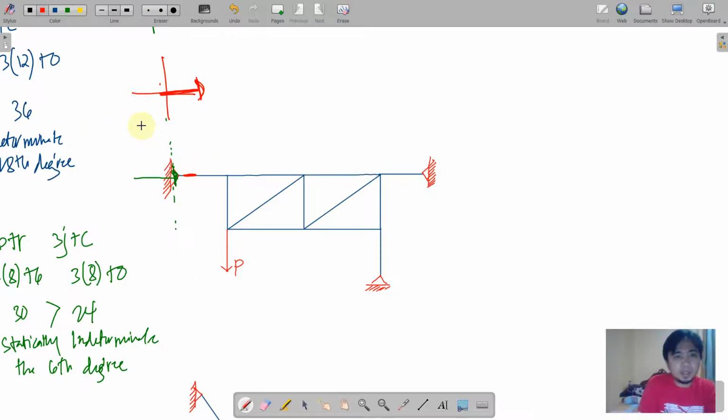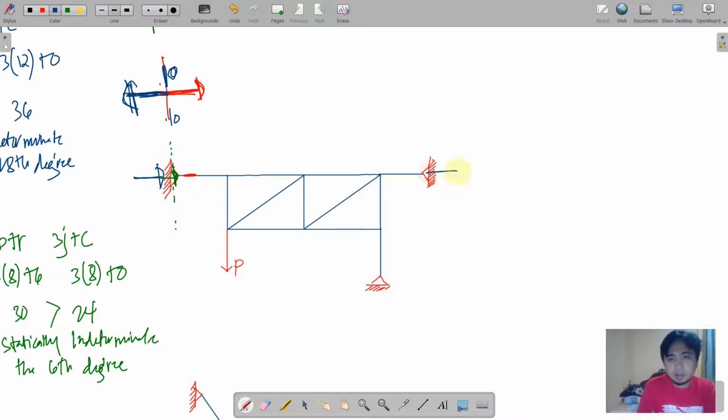So therefore, the pin connection will just counter a single force member, right? Okay. So if that happens, we have zero vertical force. So therefore, there will be a single reaction here.